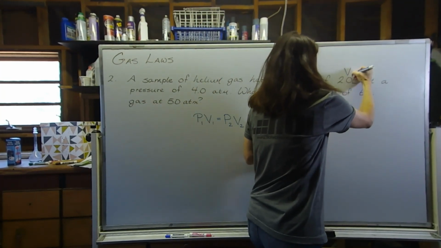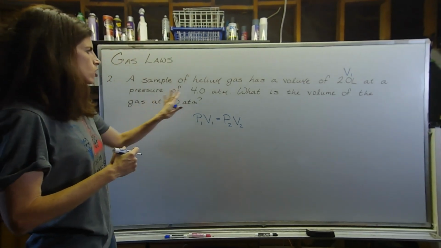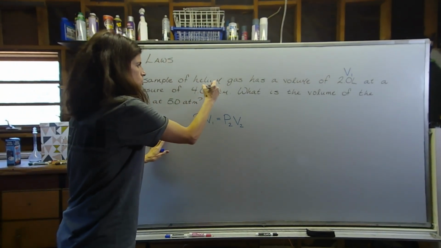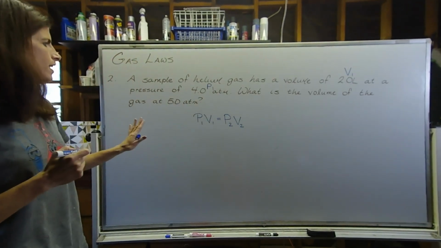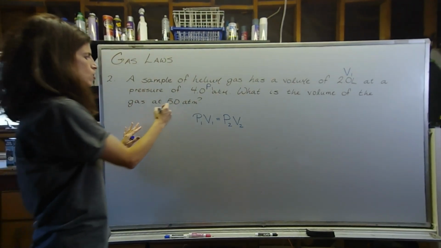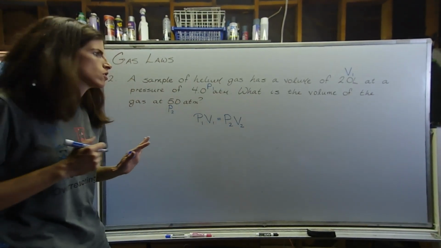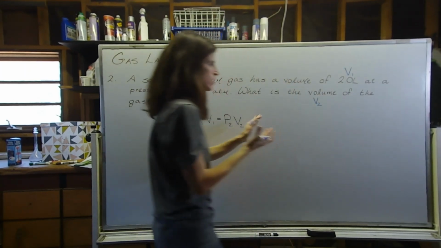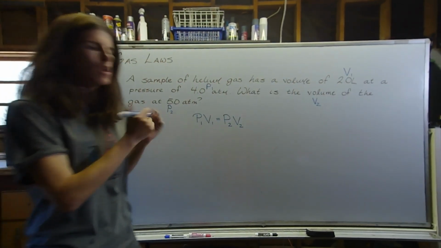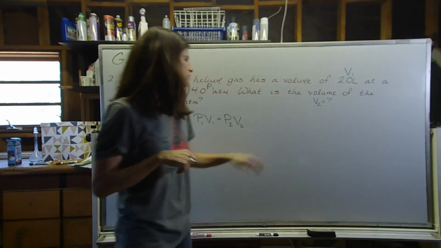I'm going to label that as my V1, at a pressure of 4.0 atmospheres. So that's going to be my P1. What is the volume of the gas at 5 atmospheres? So I have this second pressure, which I'm going to mark as P2. And then this is going to be V2 because it goes along with P2. But we don't know V2, right? That's what we're solving for.